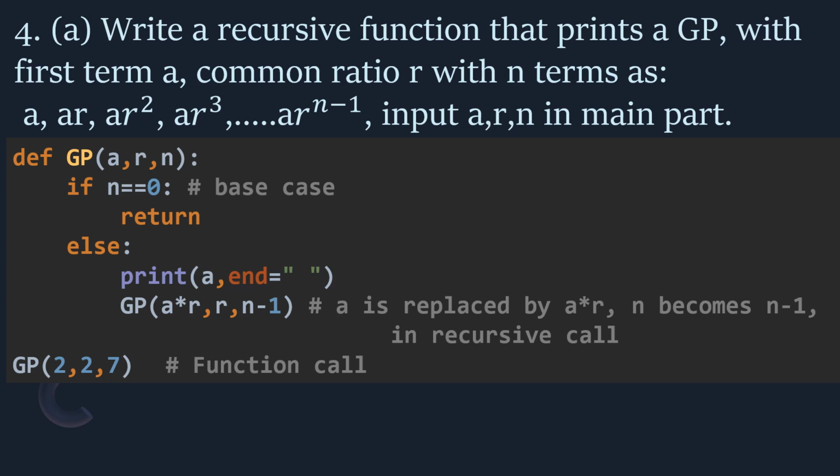Like this it will continue. So we'll see how it is. You can see the output is like this: 2, 4, 8, 16, 32, 64 and 128. We wanted 7 terms, so it has printed 7 terms. Now we'll see the execution of this function.